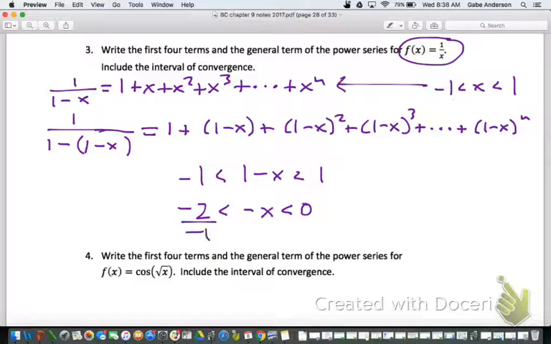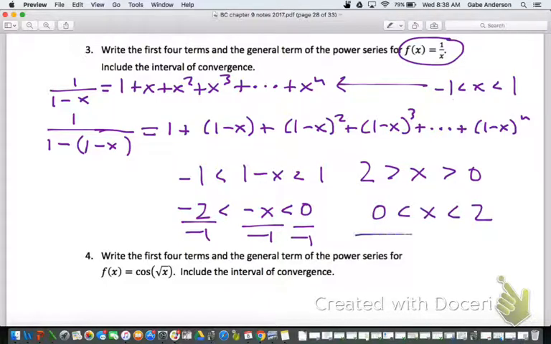Dividing by negative 1 would flip things around. It would actually be 2 is greater than x, which is greater than 0. Or more commonly written, 0 is less than x, which is less than 2. And maybe now you can see that, yeah, the centering point is 1, right? Because the interval of convergence starts at 0 and ends at 2. And so that centering point would be 1, as we discussed before. And the endpoints, I believe, here should remain the same.